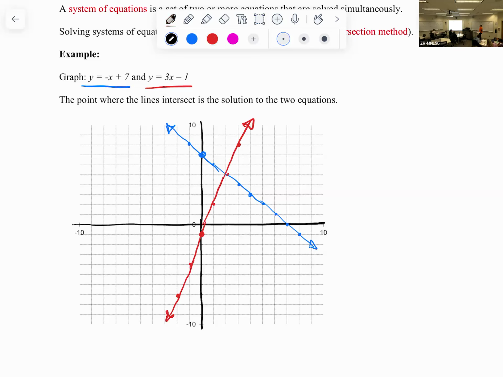Now, just visually, I can identify what is the intersection here. It's 3, 6. No, 2, 5. I think it's 2. And is it 5 or 6? 5.